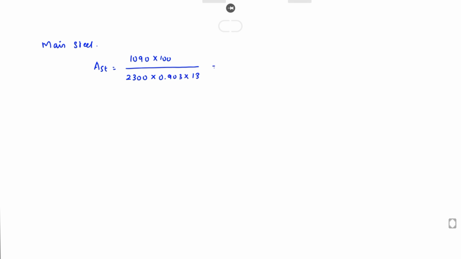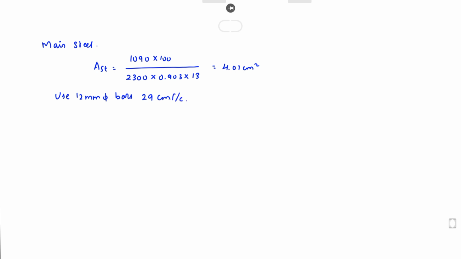Now we got the value of 4.01 centimeter square. So use 12 mm dia bars at a spacing of 29 centimeter center to center.